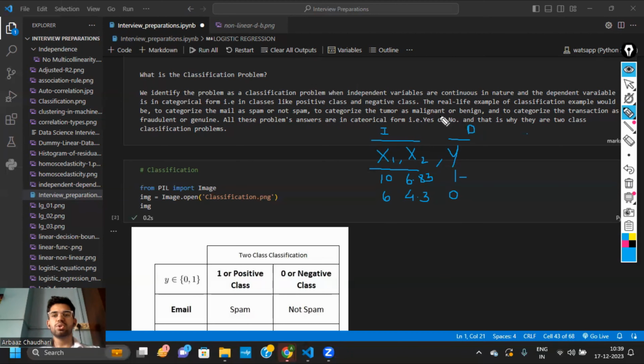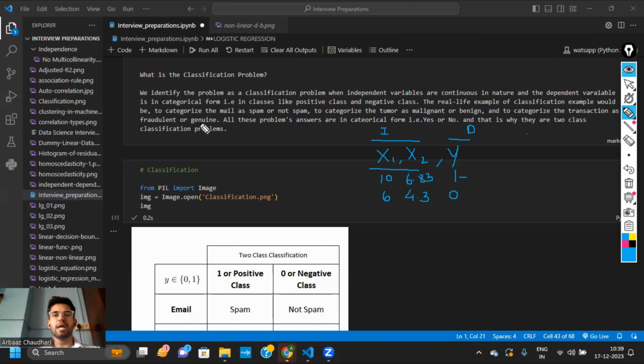These are also two categories. The first example was spam or not spam, the second malignant or benign tumor, and third, whether a transaction is fraudulent or genuine.